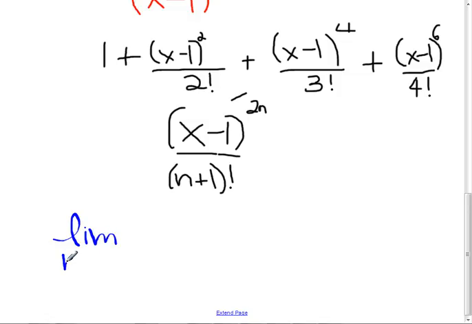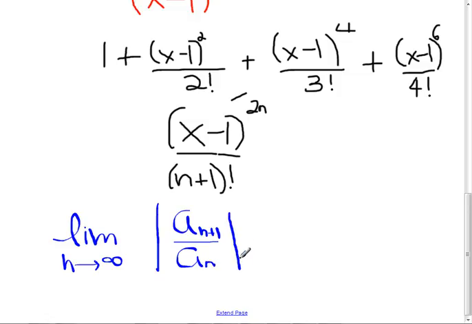As n goes to infinity, a sub n plus 1 over a sub n. Okay, guys, that's the ratio test.